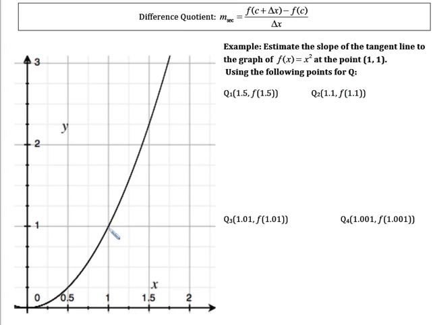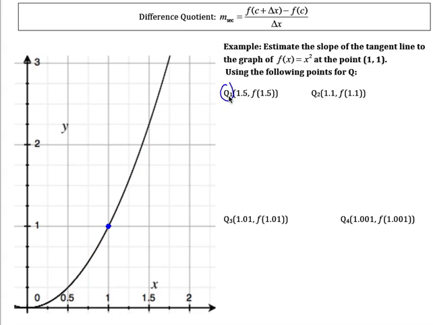Okay, so we can see that point right there. And if we were going to draw the tangent line, it would look something like that. Okay, so that's what we're looking for, but we're not quite there yet.